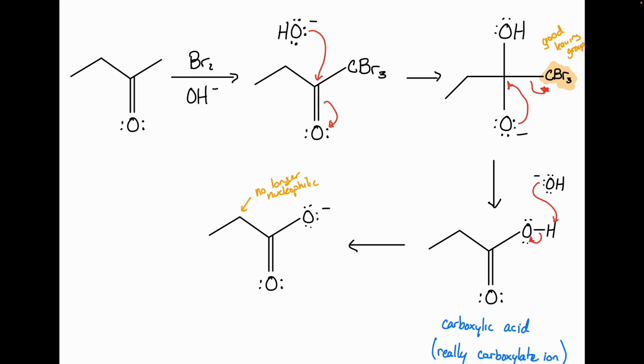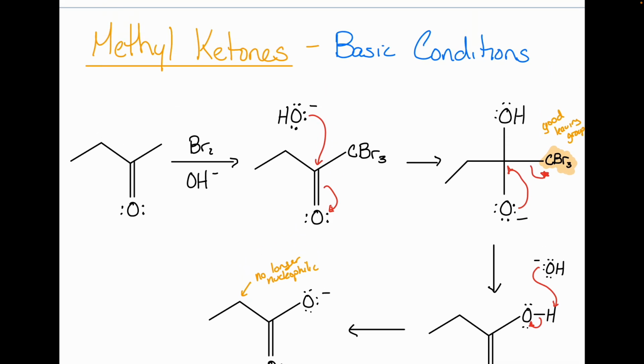All right, so if instead we start with a methyl ketone, these get converted, not halogenated, but converted to carboxylic acids.